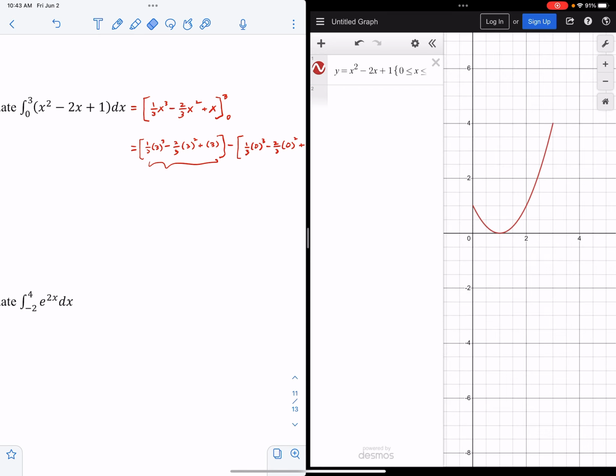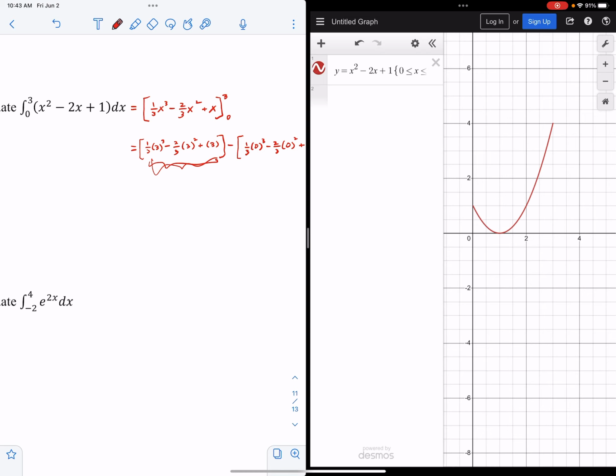So this function is positive on that interval. It looks like it has an x-intercept too. But basically, whatever this value simplifies to would represent the area bounded by the curve and the x-axis. So that first little section and then the second section, from about 0 to 1 and then 1 to 3.